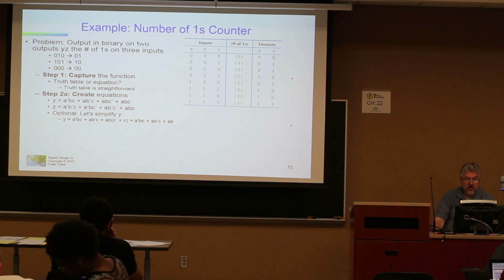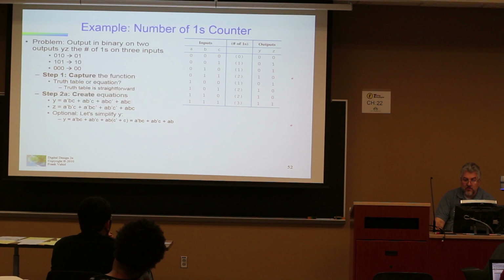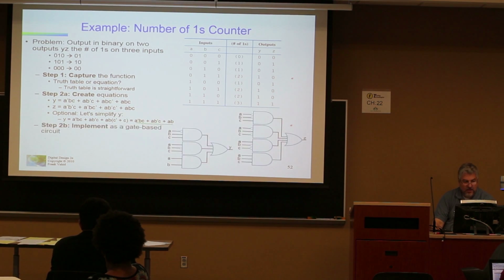The equation being we have, for Y, 1, 2, 3, 4. And in Z, we have 1, 2, 3, 4. We can simplify. So Y simplifies a little bit. And by the way, X doesn't simplify, or Z doesn't simplify at all. And in this case, we're going to be lazy and not put the actual NOT gate there.